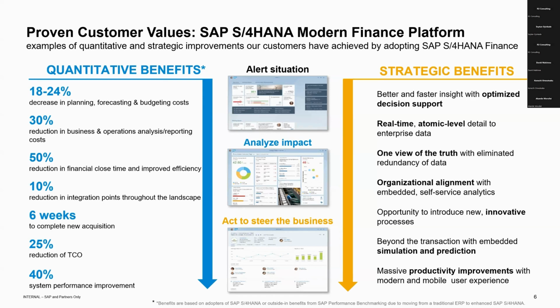This is very important. Financial close is usually a big deal for most companies. Also a 10% reduction in integration points throughout the landscape, 6 weeks to complete a new acquisition, a 25% reduction in total cost of ownership, and a 40% system performance improvement.